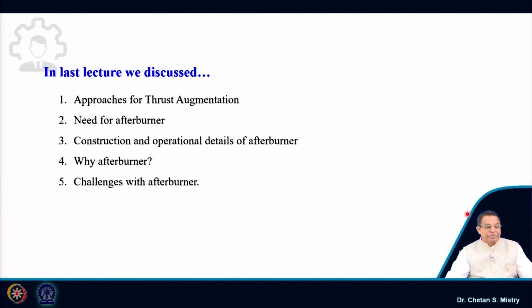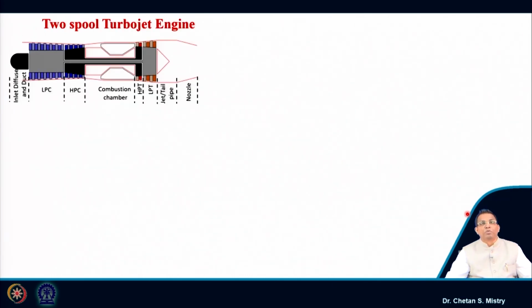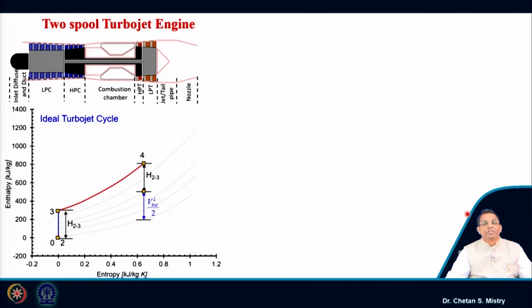That is a major requirement, and that is what we are doing by incorporating this afterburner with a two spool configuration. Now, let us try to realize, suppose this is my 2 spool turbojet engine. We were discussing the augmentation of the thrust, meaning we are looking for an increase in our exhaust velocity.